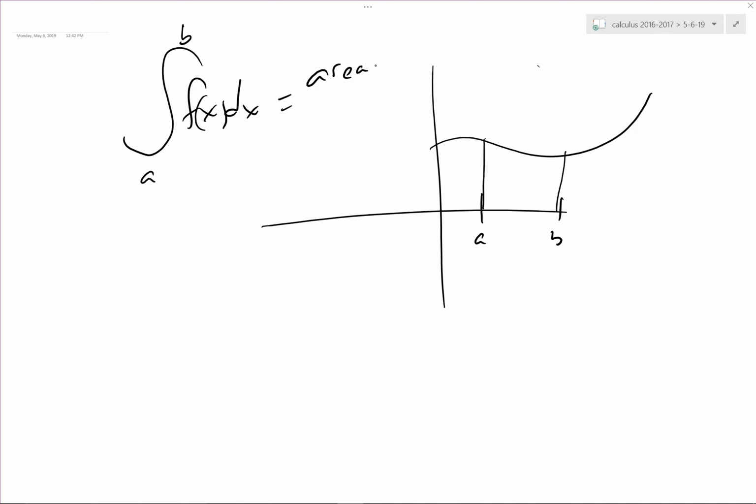Now, if this were 3rd grade or 4th grade or maybe kindergarten for some of you, how do you find the area of a rectangle? Base times height, or length times width, or whatever makes you happiest, yes?